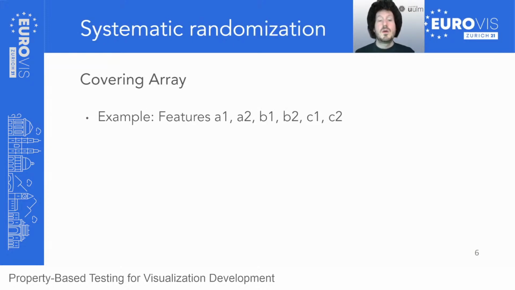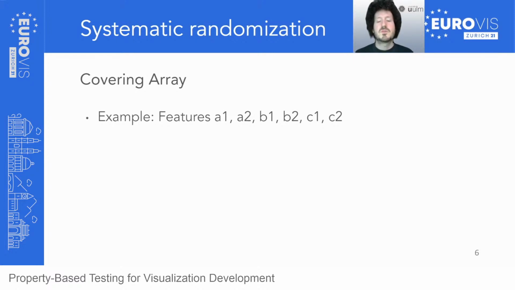Okay, so instead of simply generating random values for all the parameters, we follow a systematic approach. A study on feature interaction testing has shown that testing the pairwise interaction of features already reveals most of the defects of a set of interacting features. So after generating random values for the properties, we want to have each pair of generated values covered by our test cases.